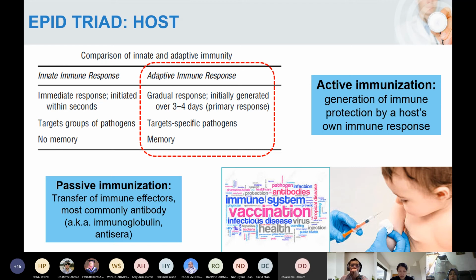Okay, vaccination can be in form of active vaccination, we induce our body to generate immune protection, or passive immunization, IgG and so on. So these are the hosts under the epi triad.